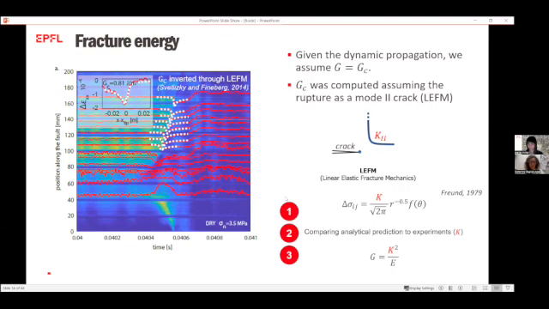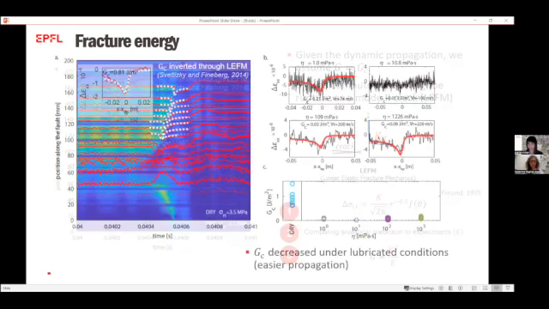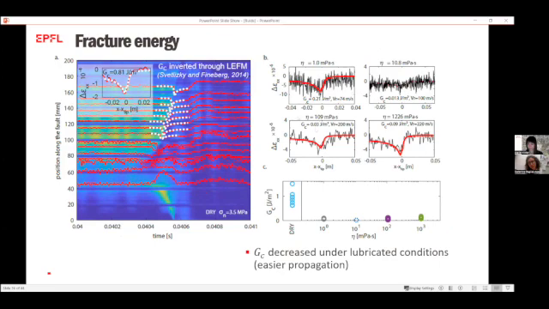And then by doing so for all the experiments, here on the right, all the fits for the other conditions, so under lubricated conditions, and here at the bottom right, you can observe the evolution of this fracture energy, which reaches a value of around 1 joule per meter squared under dry conditions, and it dramatically decreased under lubricated conditions, regardless of the viscosity value.